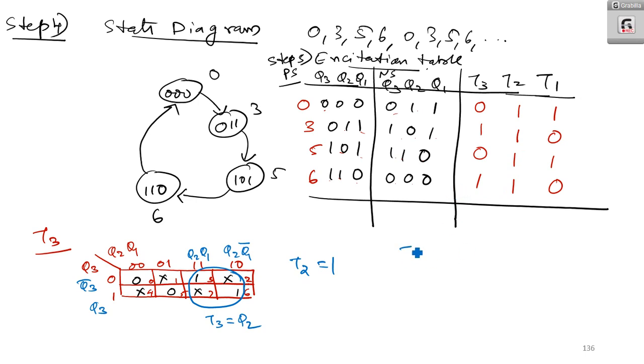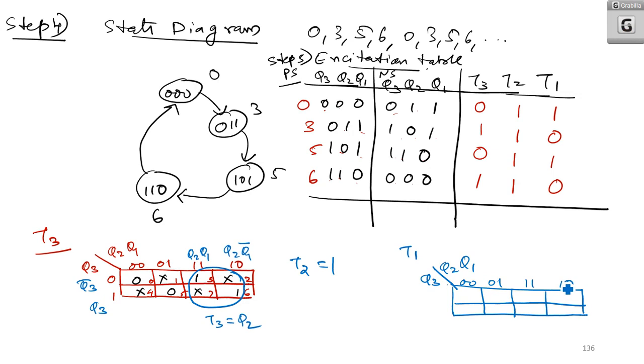Now coming to the expression for T1. T1 also I am drawing a 3-variable K-map. Here I am having Q3, Q2, Q1 with 0, 1, 2, 3, 4, 5, 6 and 7.